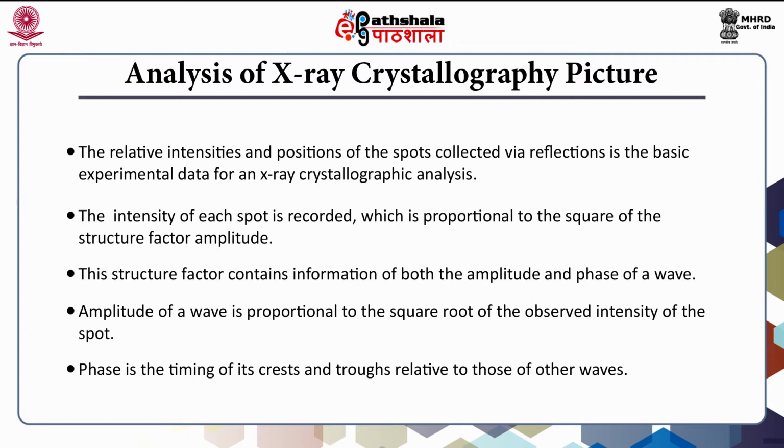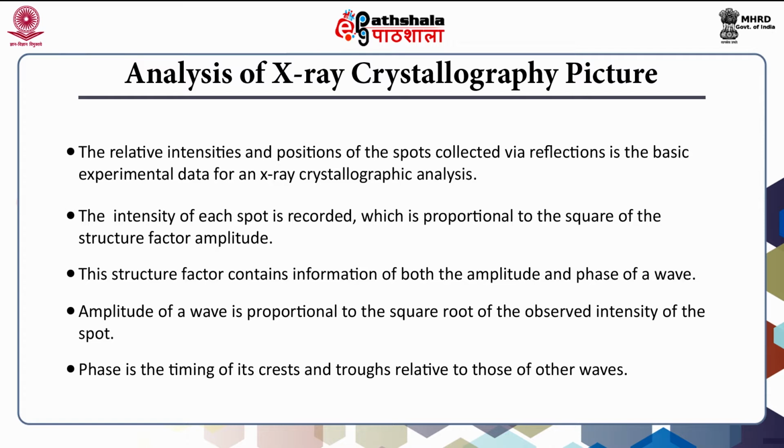In this lecture we are going to discuss the basics of X-ray crystallography. We are not going to discuss the high-level mathematical calculations in this particular lecture. We just need to understand that there is a need for additional experiments or calculations to determine the phases corresponding to each reflection.